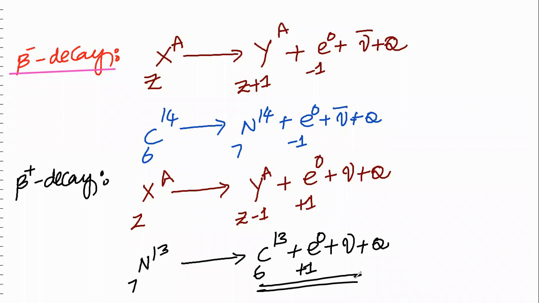In the case of gamma decay, atomic number and mass number won't be changed. Only the radioactive property will be different. For nickel, before gamma decay, either positive beta decay or negative beta decay takes place.